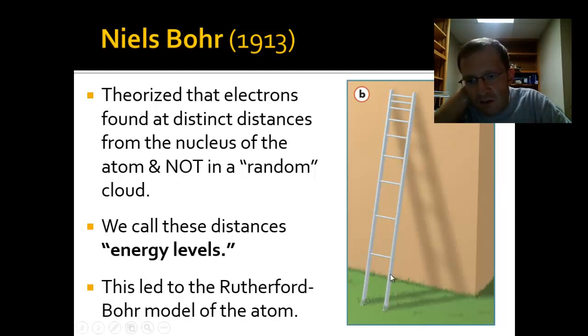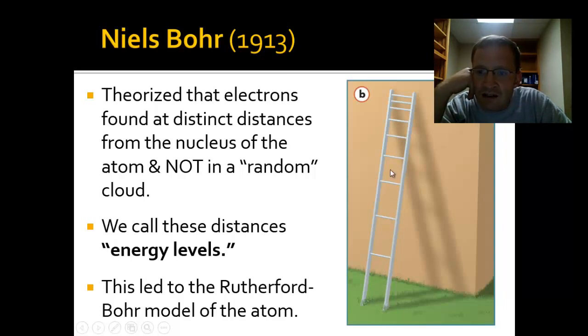In this ladder analogy, the nucleus would be down here at the ground, and then each successive rung up the ladder would represent a distance or an energy level in which the electrons could be found. And as you go further and further from the nucleus, which again would be down here in the grass, you would go higher and higher in energy.